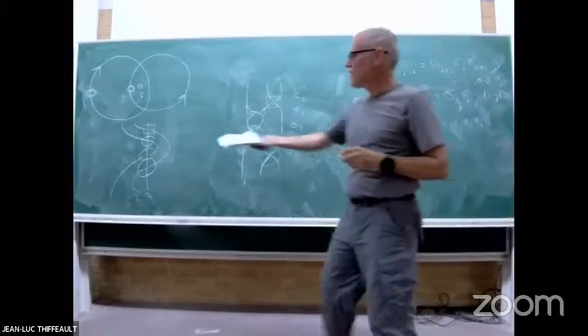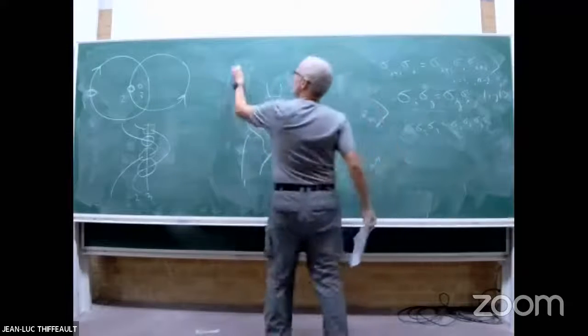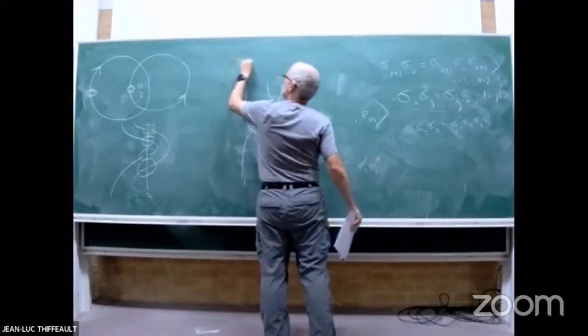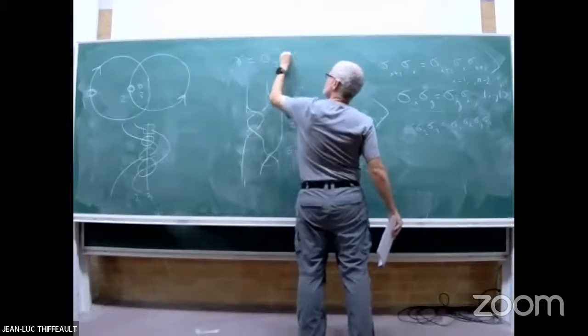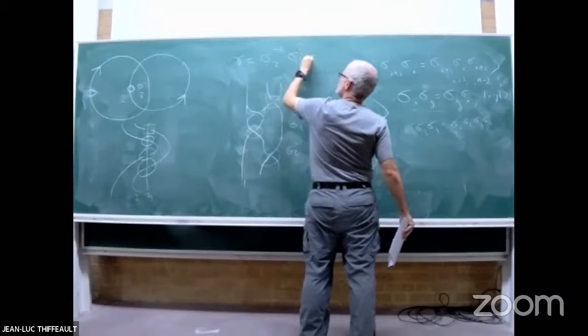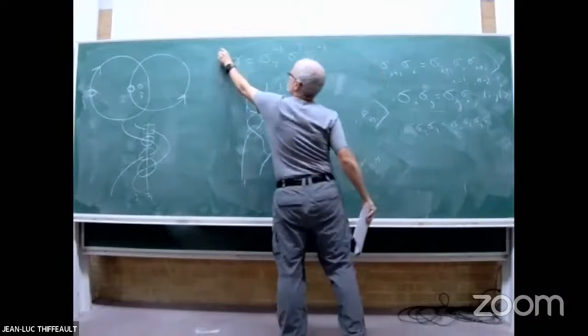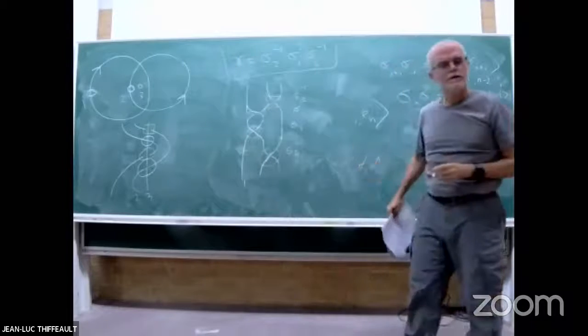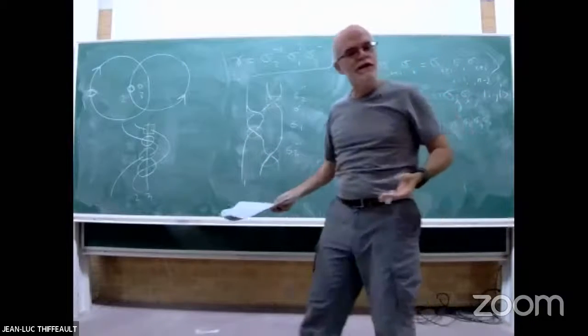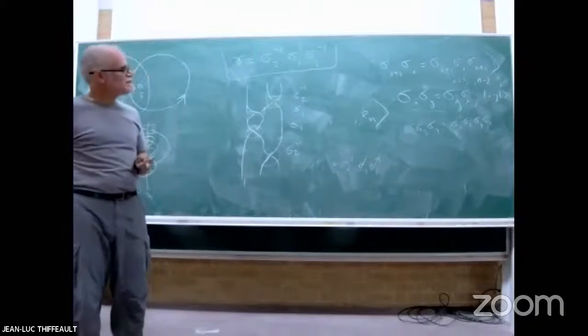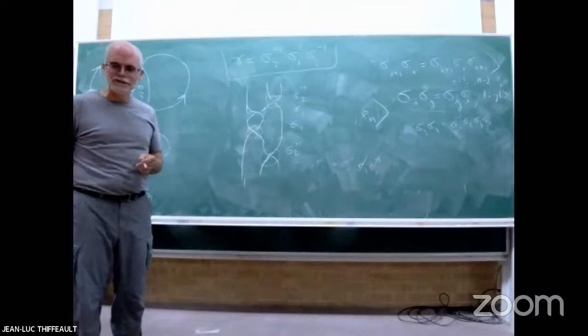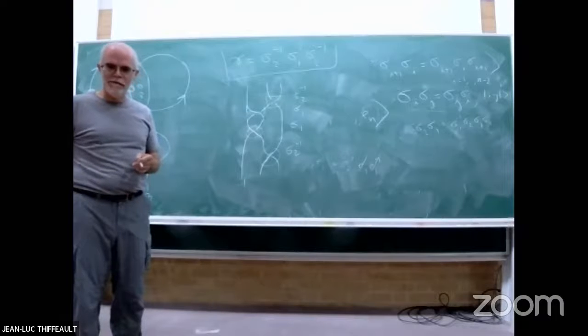So I would write this taffy pulling device as a braid that maybe I'll call gamma. And I would say that gamma is sigma 2 inverse, sigma 1 squared, sigma 2 inverse. So topologically, I have just captured my taffy pulling device as a sequence of braid generators.